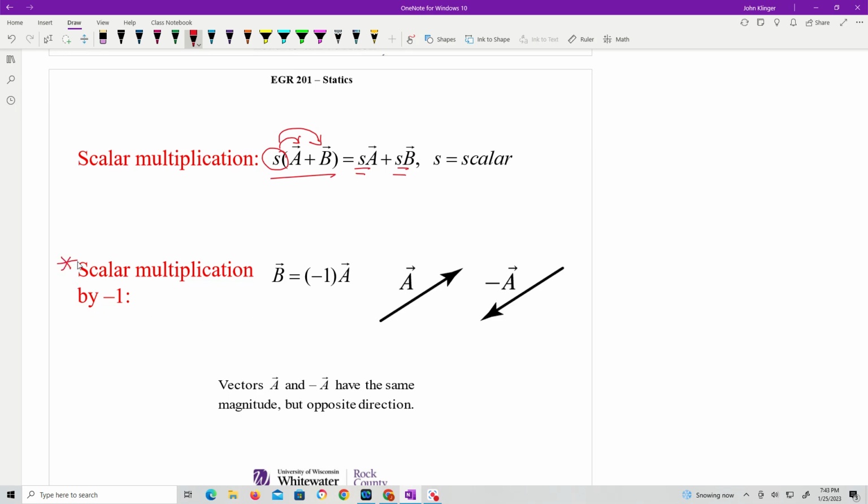This is a very useful way of using a negative scalar value, and we use it for subtraction of vectors. I can take this vector A, and if I multiply it by -1, all it does is turn the vector in the opposite direction and keep the magnitude the same. So they have the same magnitude, but opposite direction.